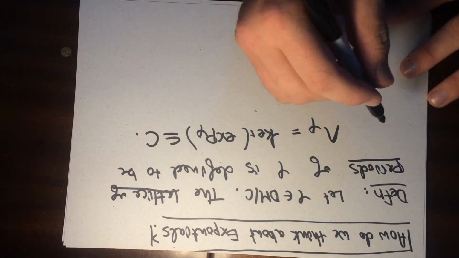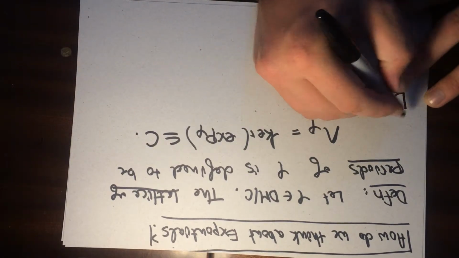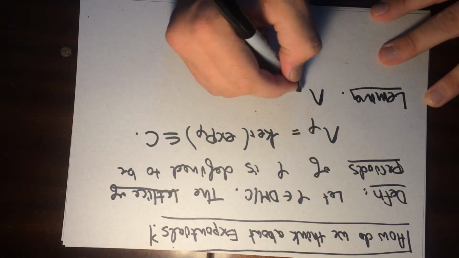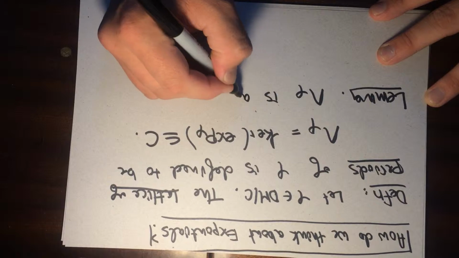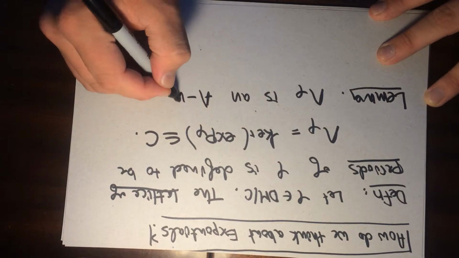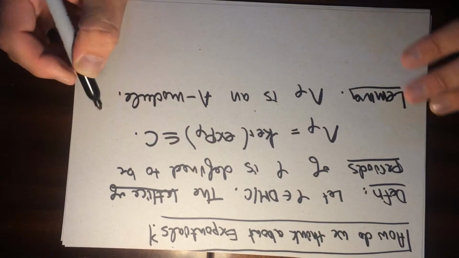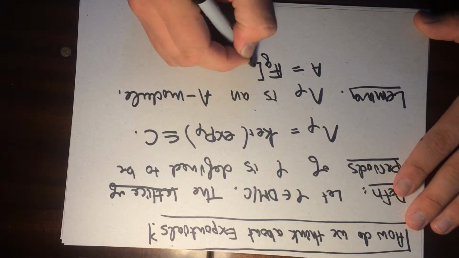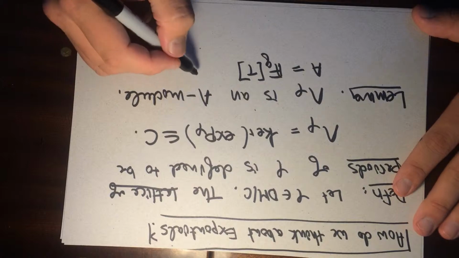Okay, so let me give you a lemma real quick. So we can prove really easily that this is an A module. Here again, A is what we always do, F_q of T. So this is like the integers.